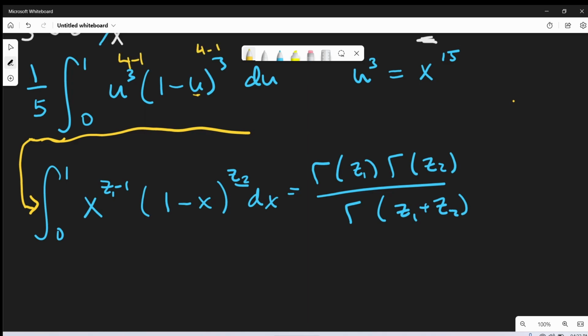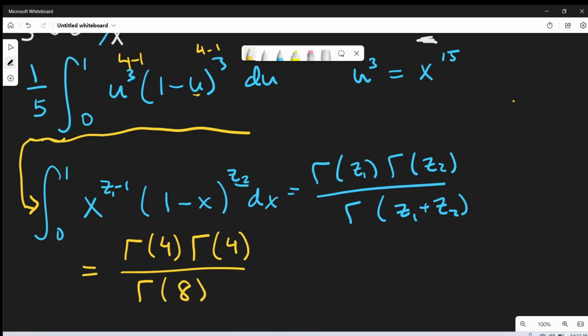So our z1 is actually going to be just 4, and our z2 is also going to be 4, 4 minus 1 being 3. And then in the denominator, we're looking for the gamma of 4 plus 4, which is just 8, using this formula over here. And the one thing we don't want to forget is this 1/5 up front, so we're going to have 1/5 of this whole thing in our solution.